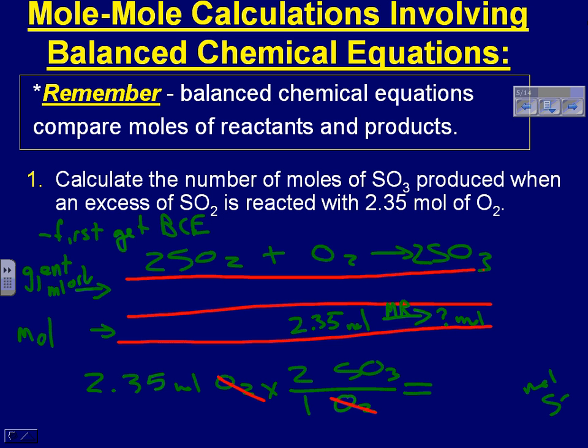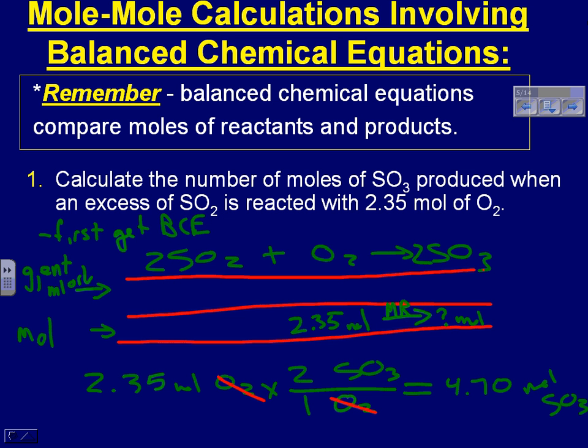Moles SO3, and if you could please give me an answer, that'd be great. 2.35 times 2. Wait a minute, I think I can do this one. 4.70. I need 3 significant digits.